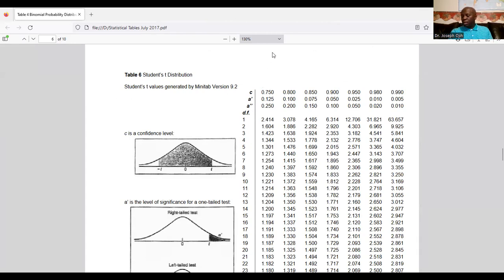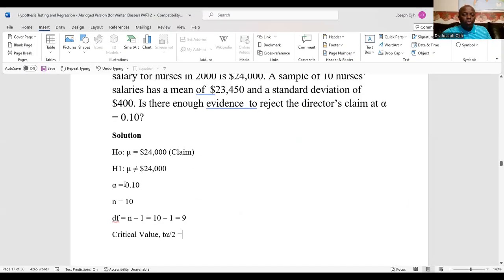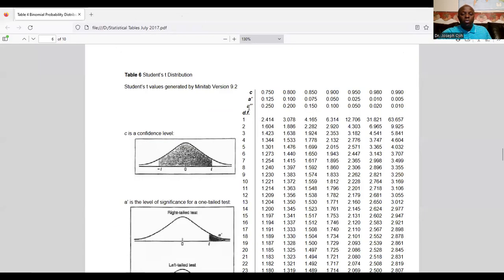The degree of freedom is 9, and our alpha is 0.10. You can see right here 0.10 under 9 degrees of freedom. Since it's 2 tail, use this one.